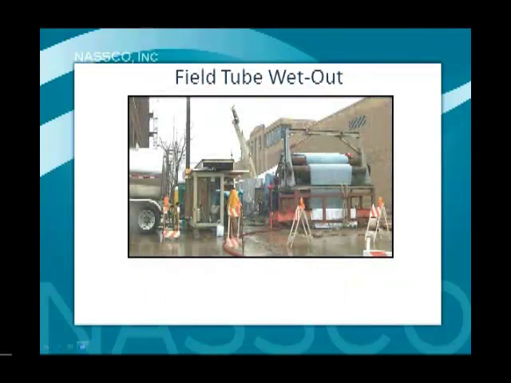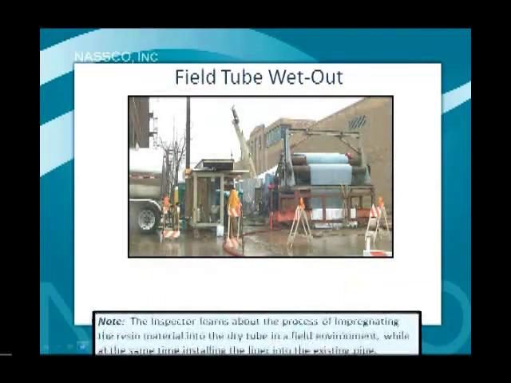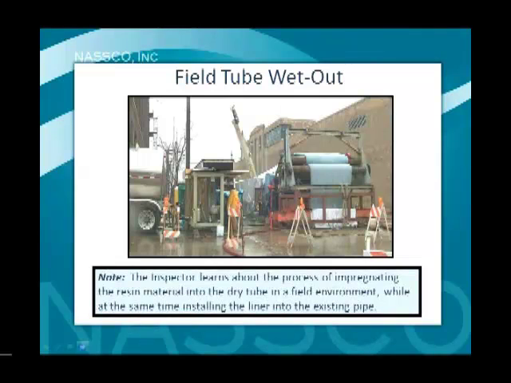The next slide goes into a similar situation, except this is for a field wet out, and gives you a flavor of the size of a field wet out. We talk pretty extensively about the field wet out operation. The inspector learns about the process of impregnating the resin material in the dry tube in an outside environment, while at the same time the liner is being installed into the existing pipe.